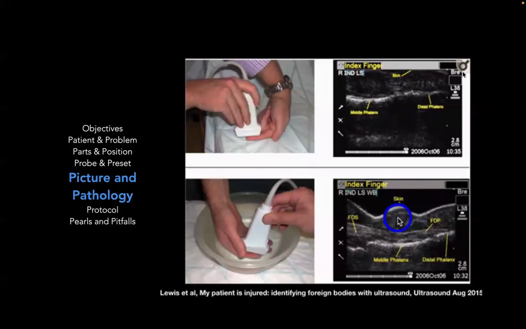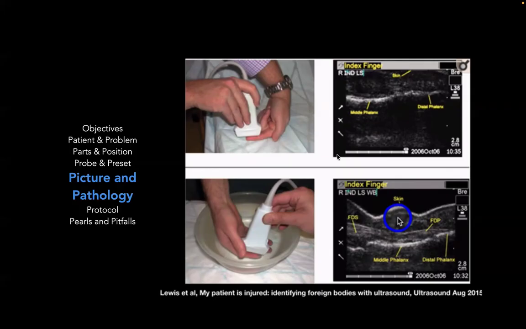The near field artifact shows up as not being able to visualize things that are too close to the probe itself. And so you might think that there's actually nothing there when in fact there is.